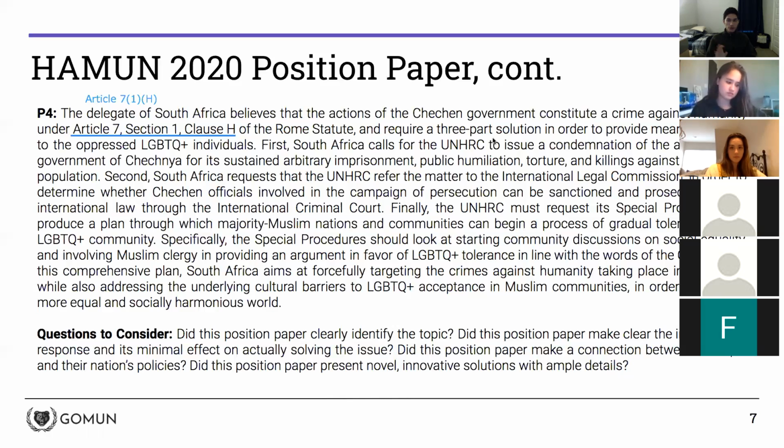Right there, first paragraph, we've already set the tone to what we want to do, right? So this is a three-part solution. So first is first, and then second, and then finally. Right there, we can already start establishing what it is that we're looking for.